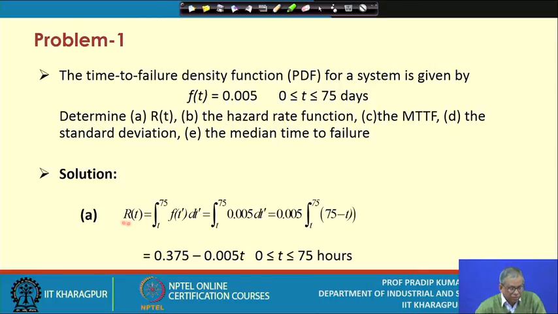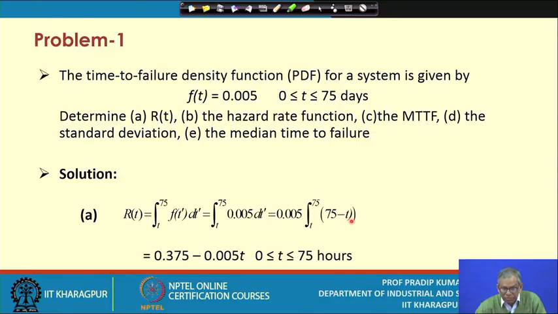R(t) is the integral from t to 75, that means it must survive up to 75 days. So, that is the integral of f(t) dt from t to 75 of 0.005 dt. This is a constant.